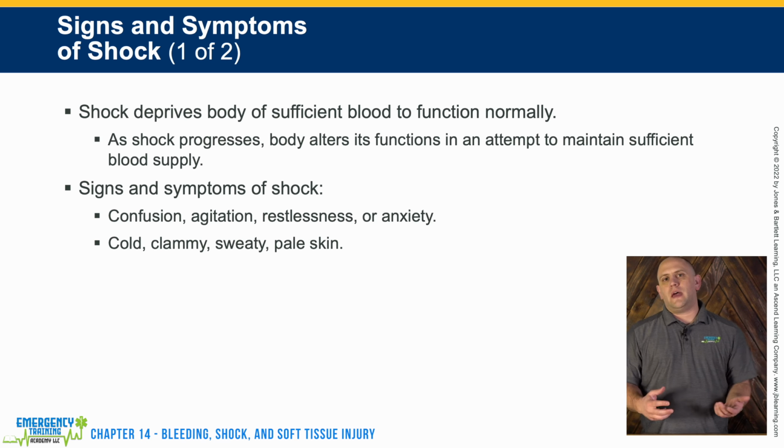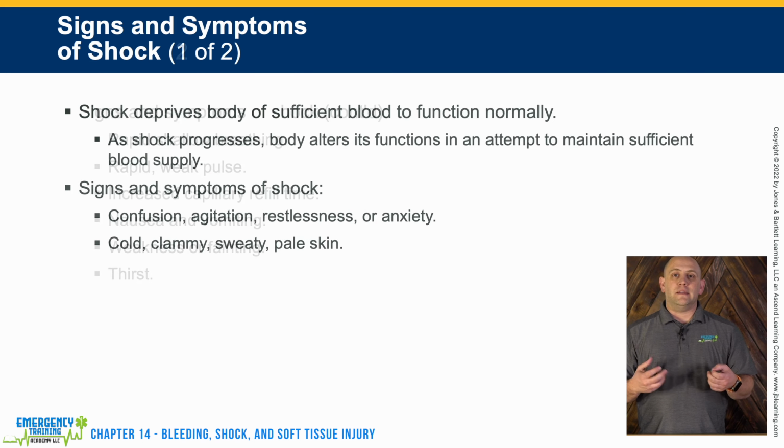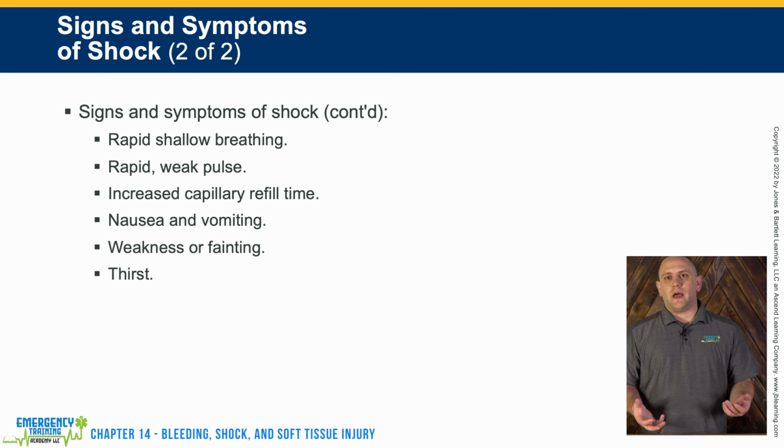The other thing that happens as our body starts to shift where the blood is going is at this point, our digestive system is no longer a necessity to maintain life. So your body will stop sending blood to your stomach and your intestines.